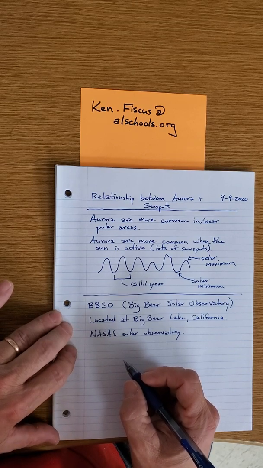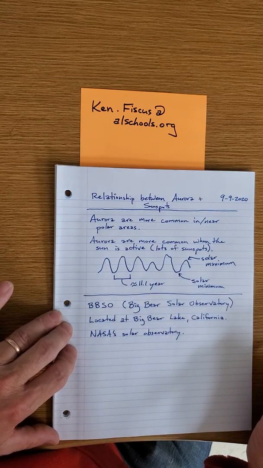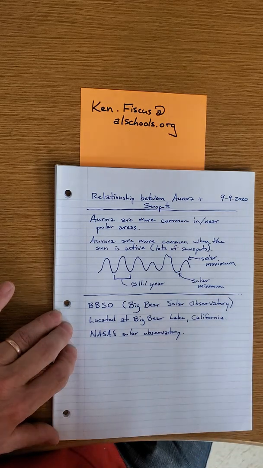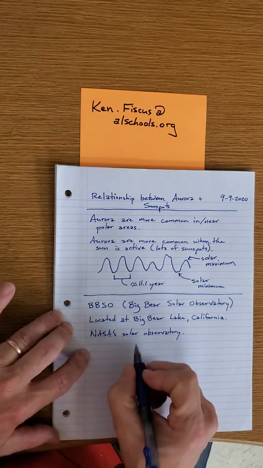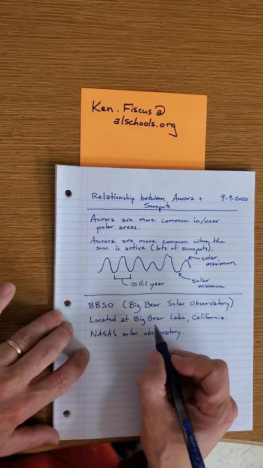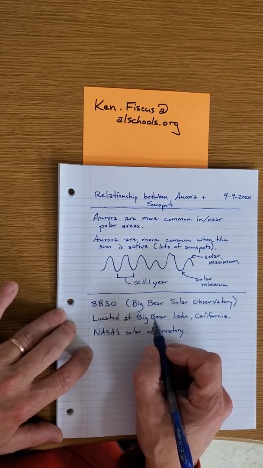When it can be a blazing hot day and the boat ride just feels awesome. But have you ever noticed when you were out on the lake you didn't see any heat waves? There weren't any heat waves. The water was absorbing heat from the sun. It wasn't giving it off. Okay? So that's the key. The reason this observatory is in a lake on top of a mountain is no heat waves.